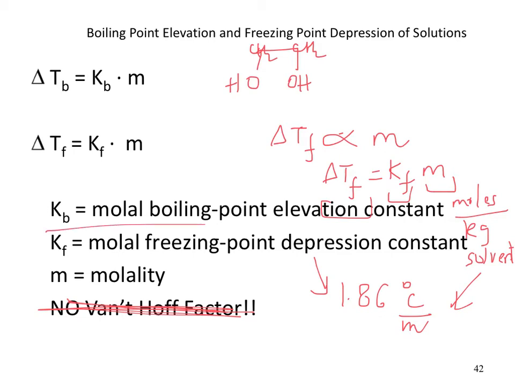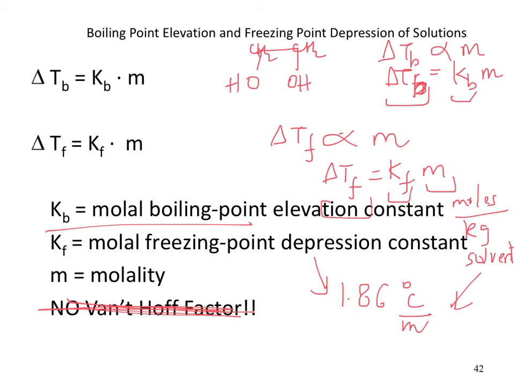Likewise, if you're considering Kb, you can simply say that delta Tb, the change in the elevation in boiling point, is also proportional to the molality. And what that means is when you remove the sign of proportionality, you have to introduce the constant of proportionality. Again, the same way as delta Tf, delta Tb will be an experimentally determined number.